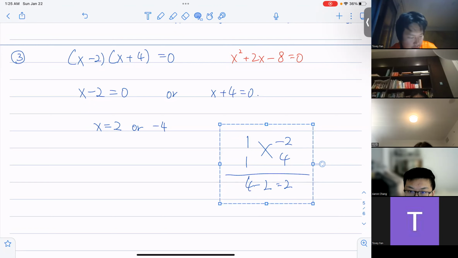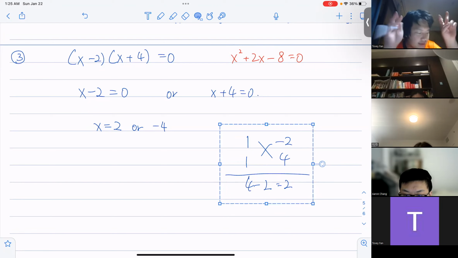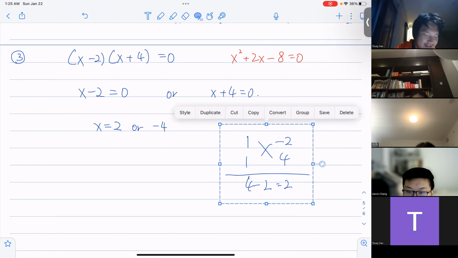This is usually referred to as the Chinese way. OK，这个中国的方法，因为 most high school teachers here they're not even aware of this method.